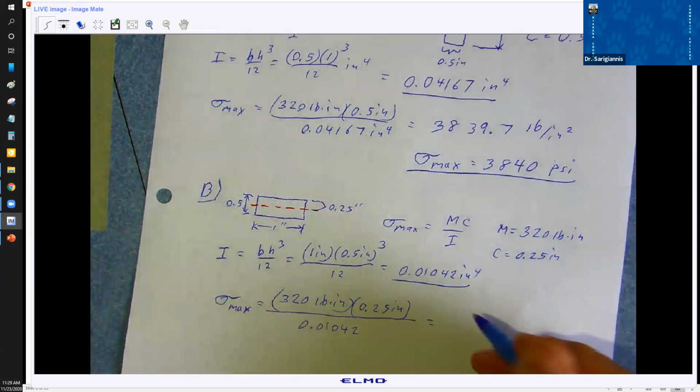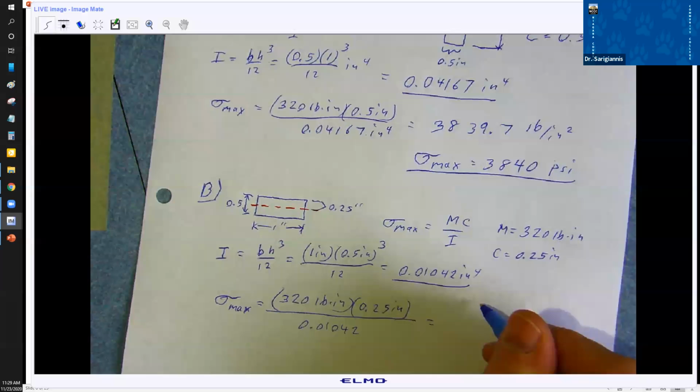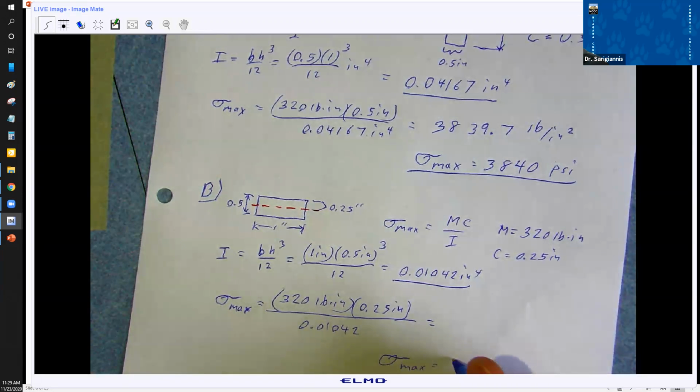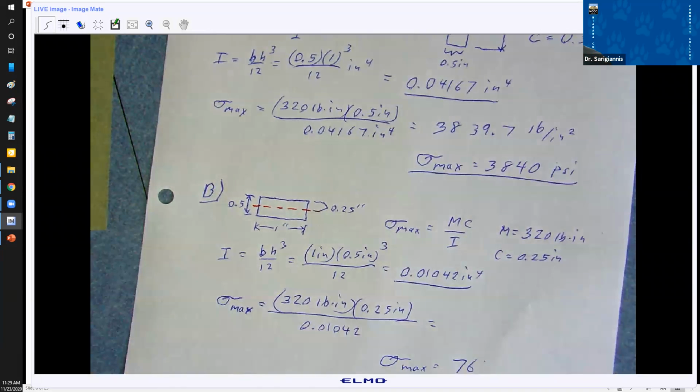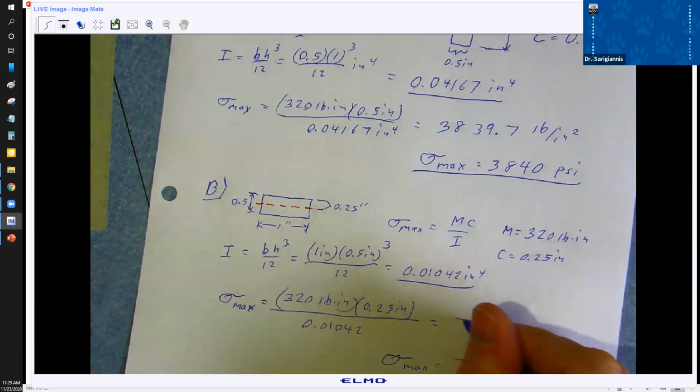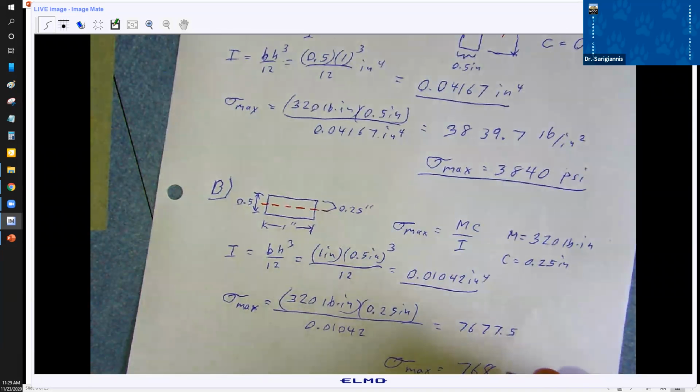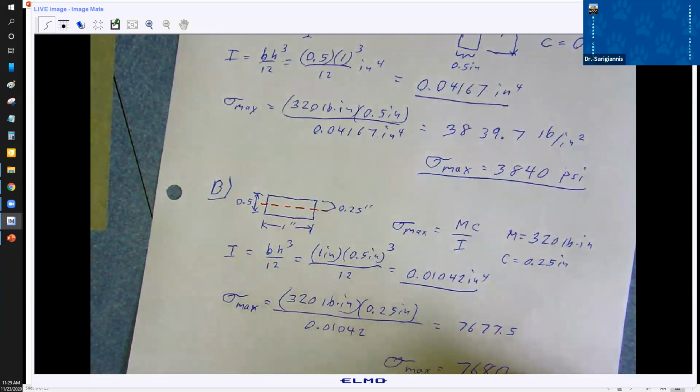This gives me a sigma max of... it looks like I just rounded this answer. Let me just do the number real quick. 320 times 0.25 divided by 0.01042. Oh yeah, 76, 77.5. So here I get 76. I just rounded to 7680 psi.